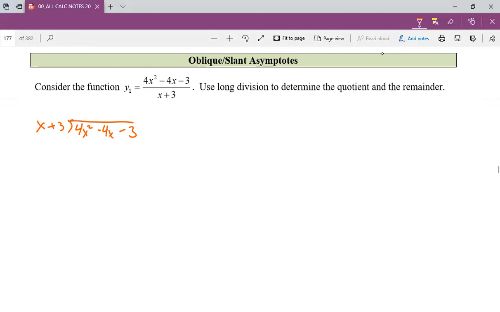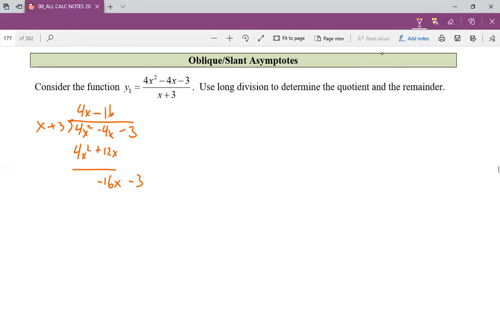When we do this, how many times does x go into 4x squared? This would be 4x, since 4x times x is 4x squared. We'll do some math. This is no big deal. This is stuff you've seen before. Remember that we're subtracting. This should be minus 16x. Be careful about that. That always seems to hang some of us up. Now how many times does x go into minus 16x?